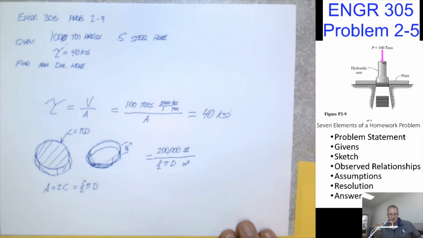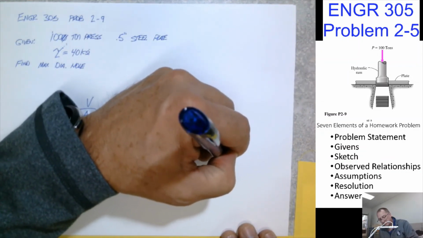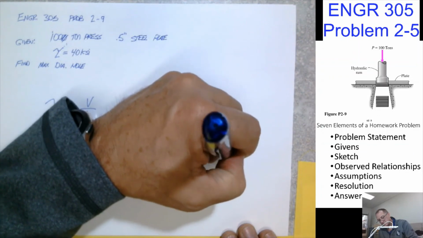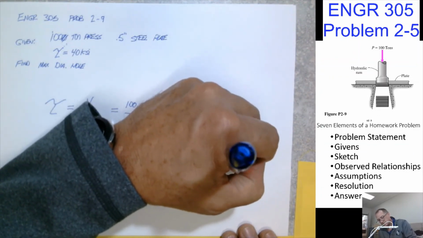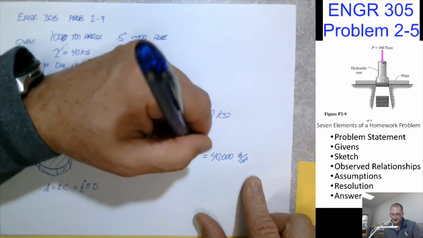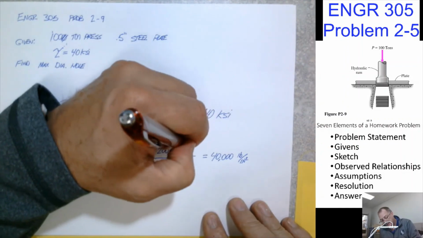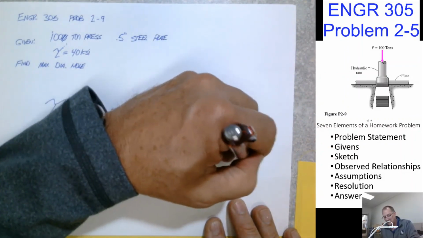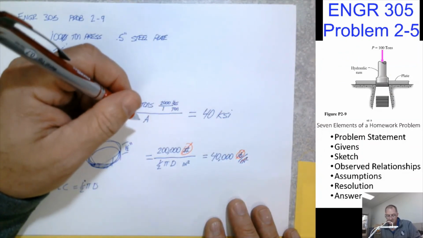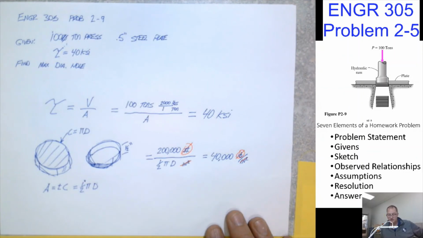And that's equal to 40,000 pounds per inch squared. And so now my units cancel out. Pounds cancels with pounds, and my inches squared cross out with that. So if I punch that in inches, I'm all set.